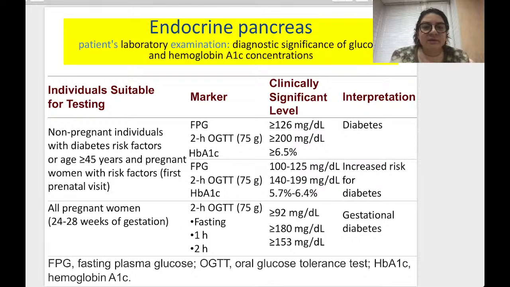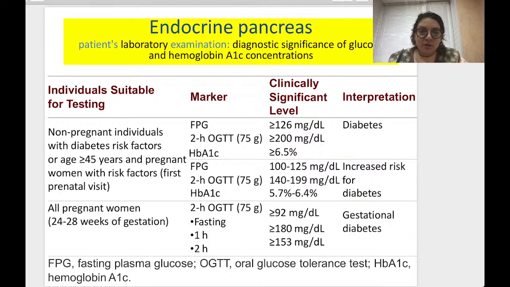criteria, diagnostic significance of glucose level and glycated hemoglobin concentration. For non-pregnant individuals with diabetes risk and age more than 45 years and pregnant women with risk factors, when fasting glucose is more than 126 milligrams per deciliter or GTT more than 200 and glycated hemoglobin more than 6.5, it is the criteria confirming diabetes mellitus.